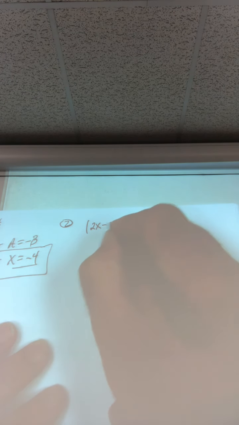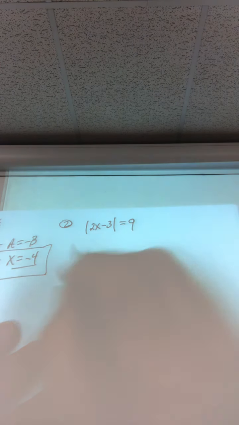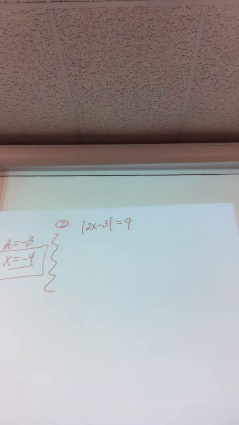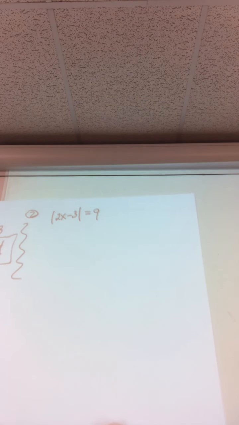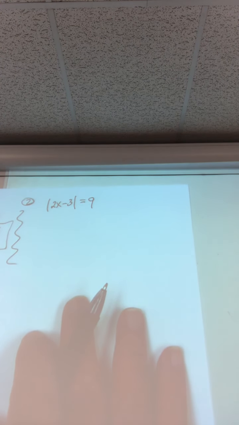Number 2, absolute value of 2x minus 3 equals 9. Okay, let's follow the steps. What does step 1 say to do? Isolate the absolute value term. That's done. Step 2, if this is negative, it is not, so I can keep going.